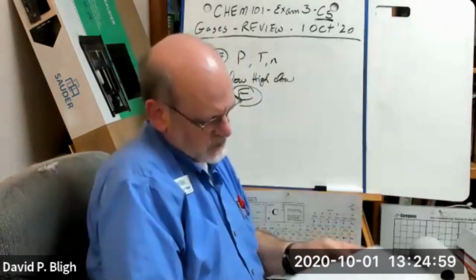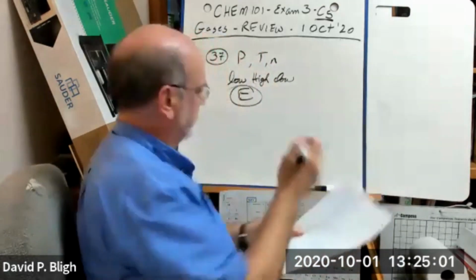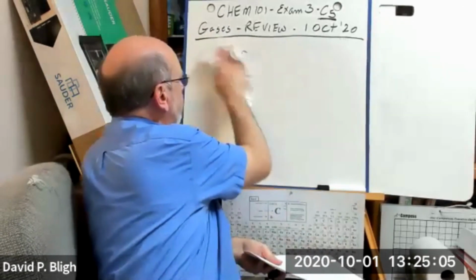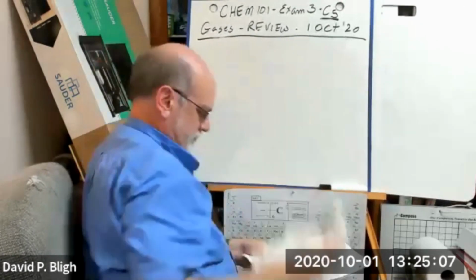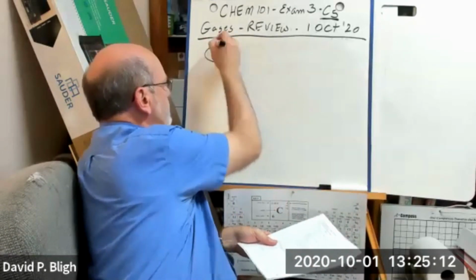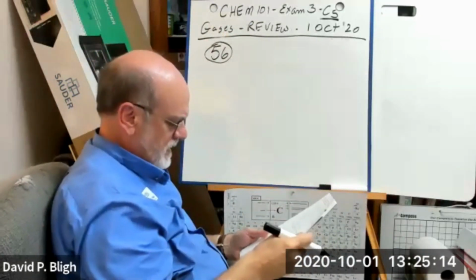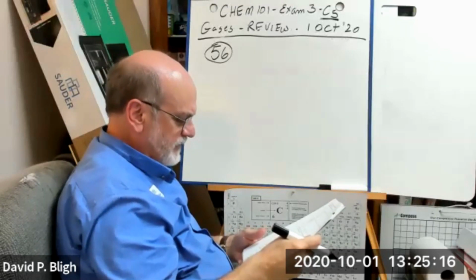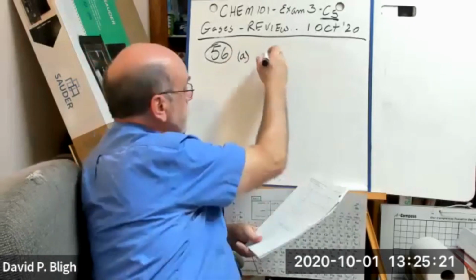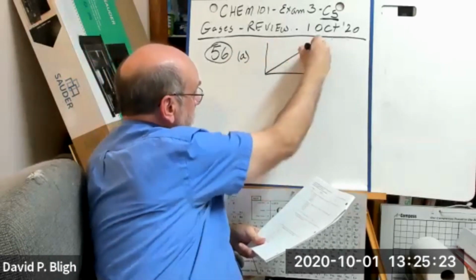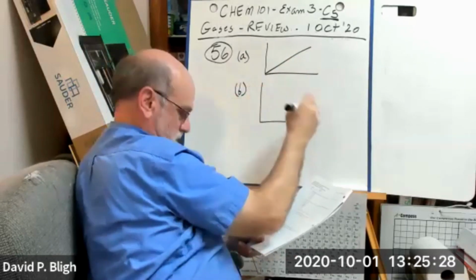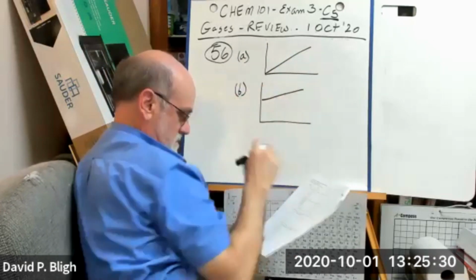how about this one? Interpreting a graph. This one could give some people trouble. (56). All right, so we've got these 4 graphs, and then E is none of these. So let me put the graphs up first. And it's just simply that. That.